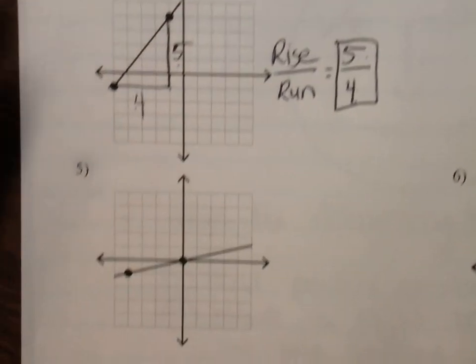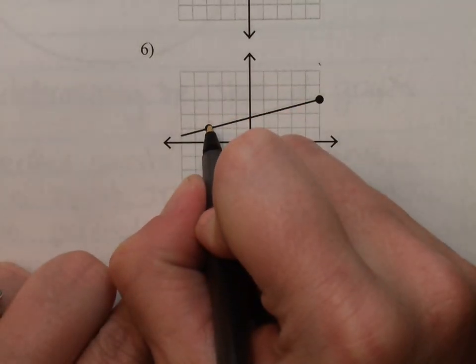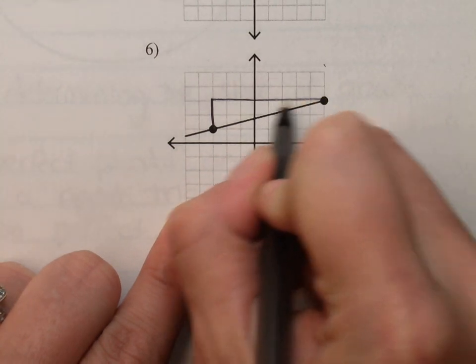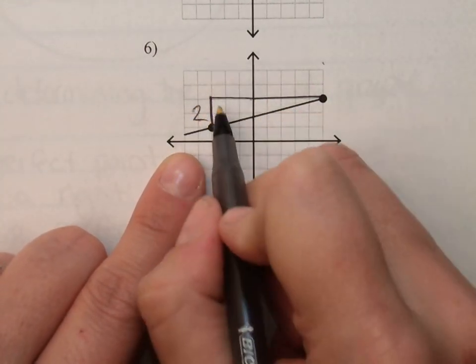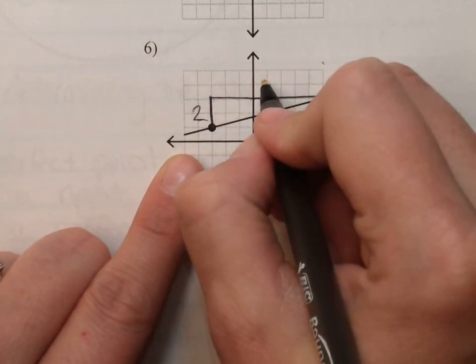And we'll do one more. Number 6. We're going to bring this up to connect and over. This one is 1, 2 over 1, 2, 3, 4, 5, 6, 7, 8.